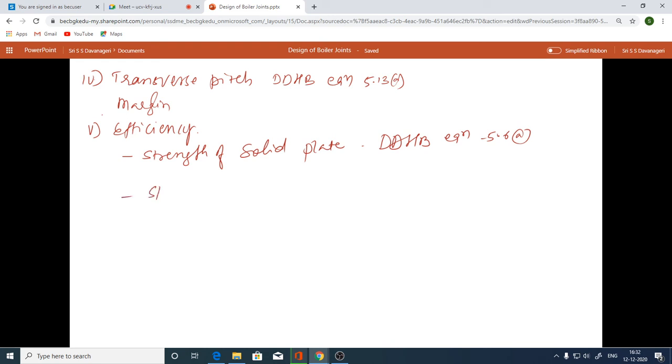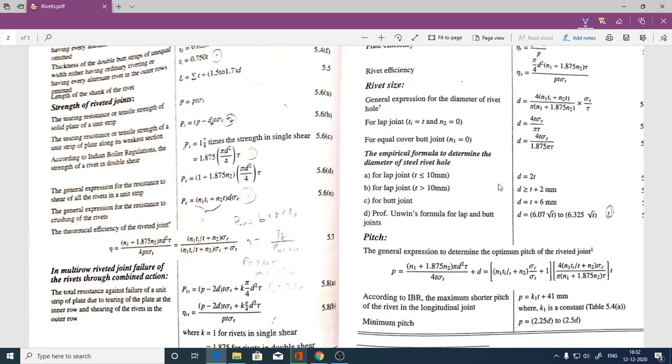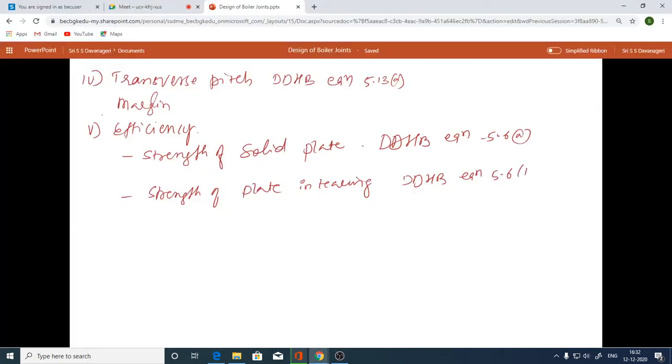Next, strength of plate in tearing, equation number 5.6b.